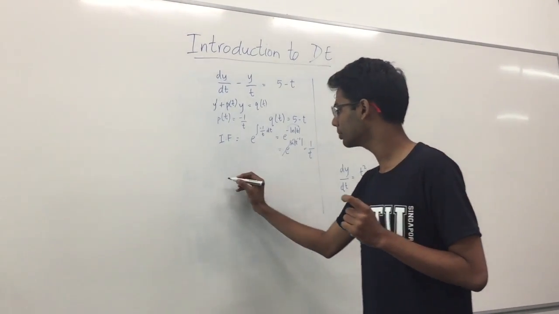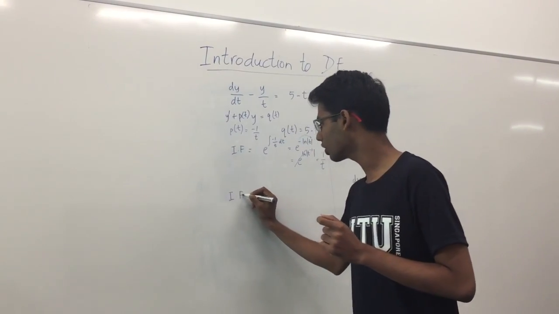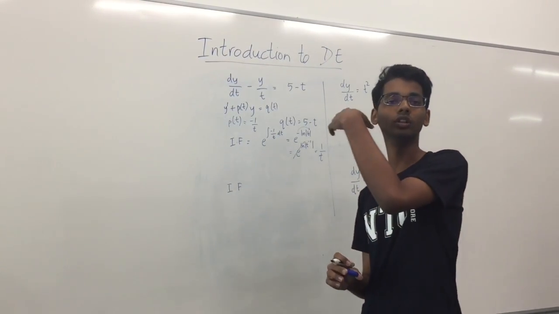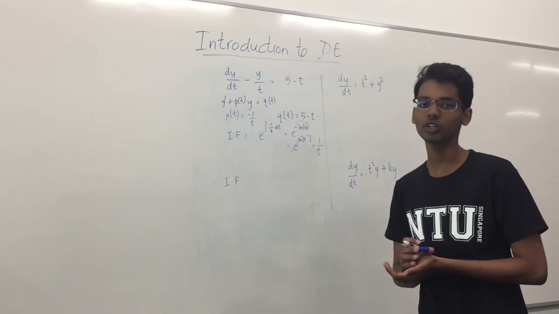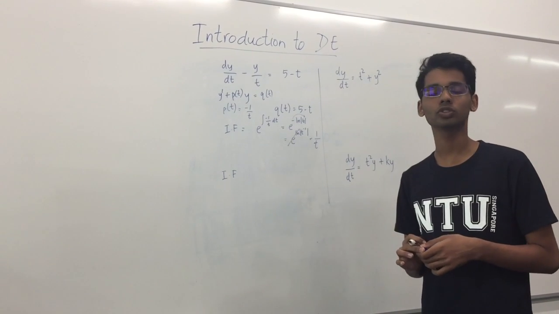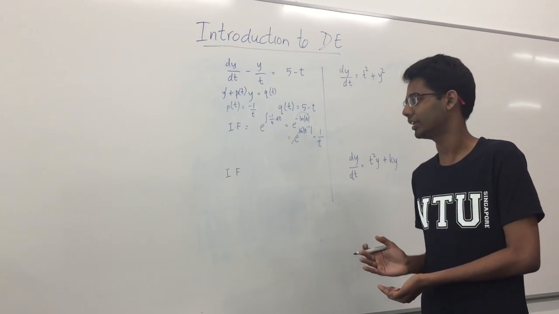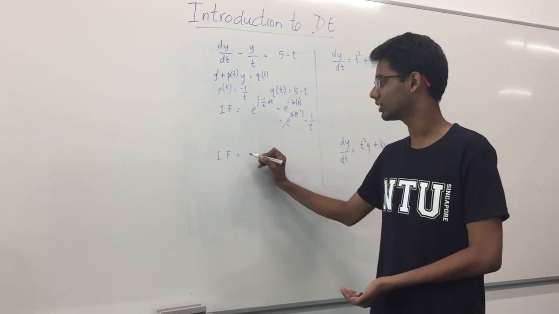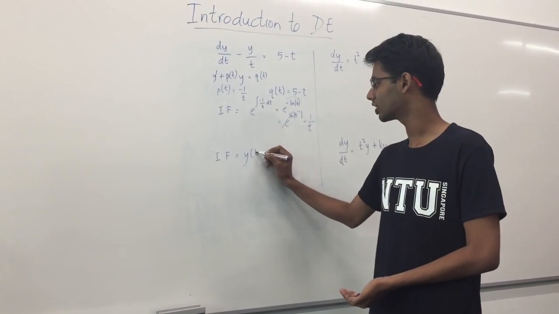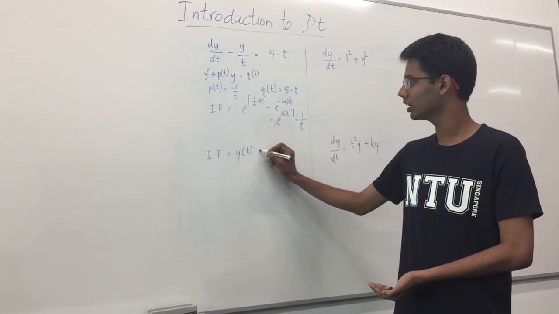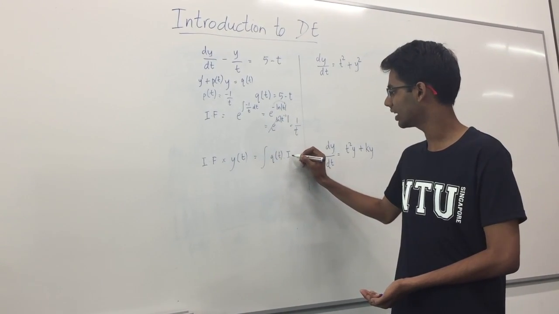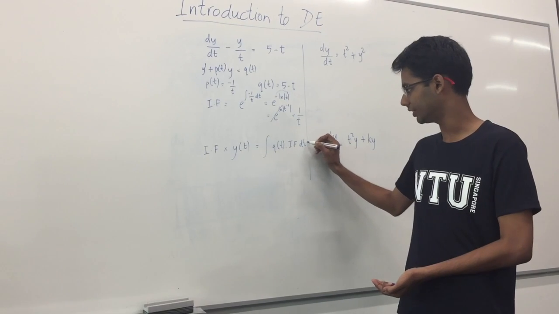As you might remember, for your examination you're supposed to go through all the steps which I covered in the previous video. But just for simplicity now, I'm just going to calculate the final y of t directly. So you would have 1 over the integrating factor times the integral of q of t times the integrating factor times dt.